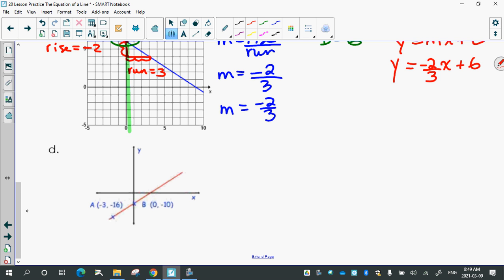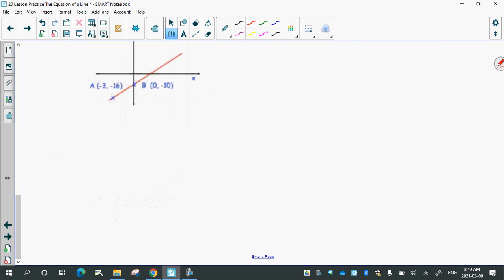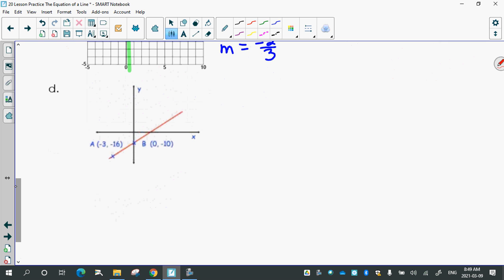Anyone have any ideas for D? Move it up a bit so we can focus in on it. So it doesn't give us the grid marks, but it tells us the coordinates of 2 points. You get the slope, the y-intercept, and the equation.